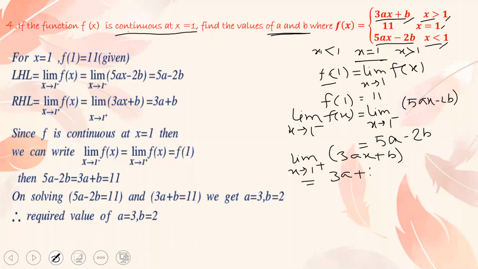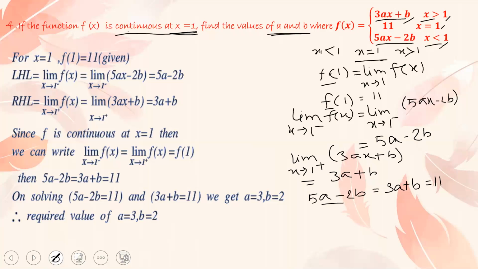Now what is the value? 3a plus b. Now if the function is continuous at x equals 1, then this left hand limit, that is 5a minus 2b, is equal to the right hand limit, that is 3a plus b, equal to the functional value at that point.